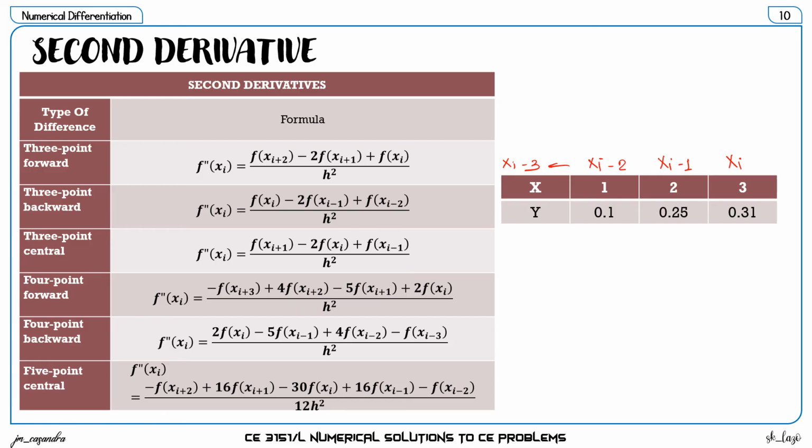We could also set this as xi, then xi plus 1, xi plus 2, and so on. These are the values that you will need. And since it's a second derivative, take note that the value of h is always squared. So to have an application of the different equations for the second derivative, let us have an example.